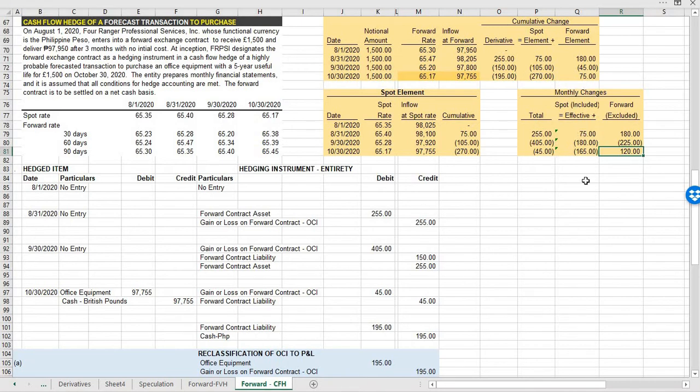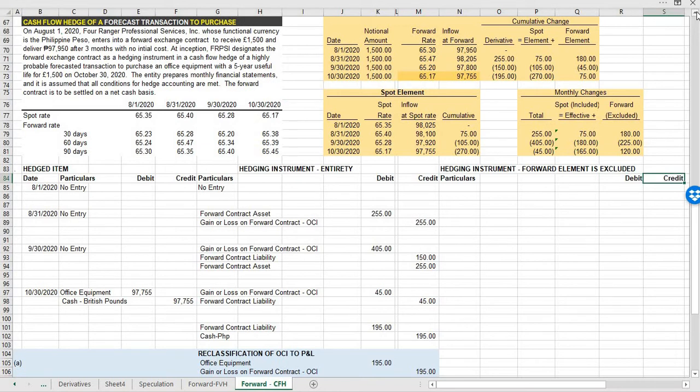So ngayon, ito na ang ating cumulative change at ito ang ating monthly changes. So ang ating cumulative change at monthly change ay ngayon separated na into the spot element and forward element. So we can now prepare our journal entries if the forward element is excluded from being designated as a hedging instrument. So, let's start on date of inception, August 1, 2020. So, ganun din.